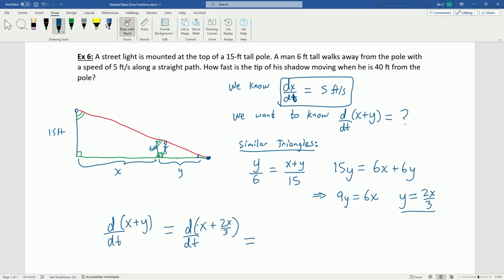If I have 1x plus 2/3 of x, that's going to be 5/3 of x. And so when I take the derivative, I'll get 5/3 times the derivative of x with respect to t. And I know that that derivative is 5, so this is 5/3 times 5, which is 25/3 feet per second.